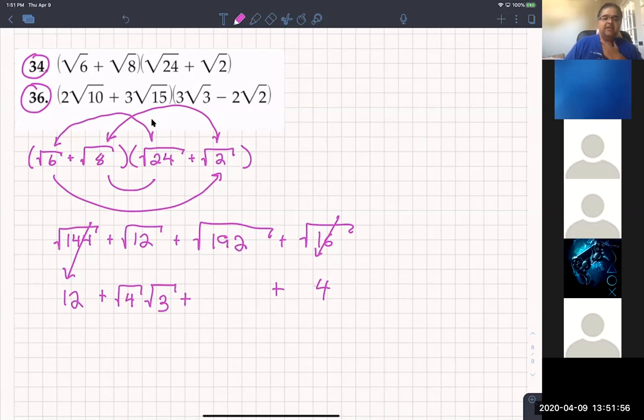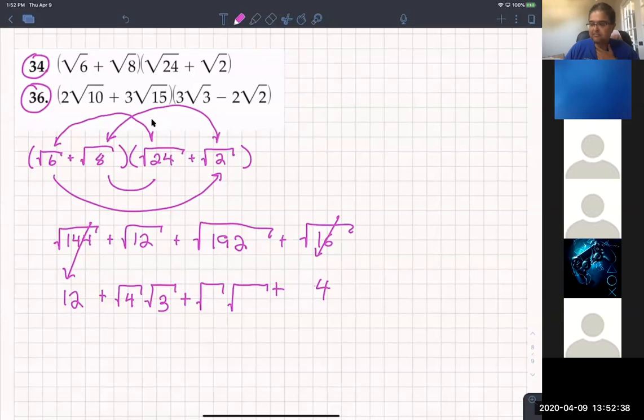Okay, what about root 192? How can we break up root 192? What two numbers multiplied give me 192, one of which is a perfect square? I can still hear somebody clicking away on their Xbox or PlayStation 4, so stop it.